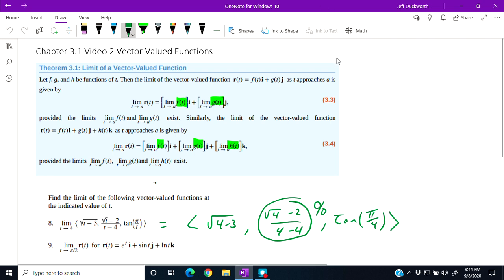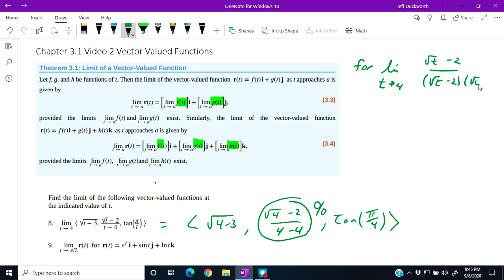So, root t, not root 2. So our denominator is going to be root t minus 2 times root t plus 2.